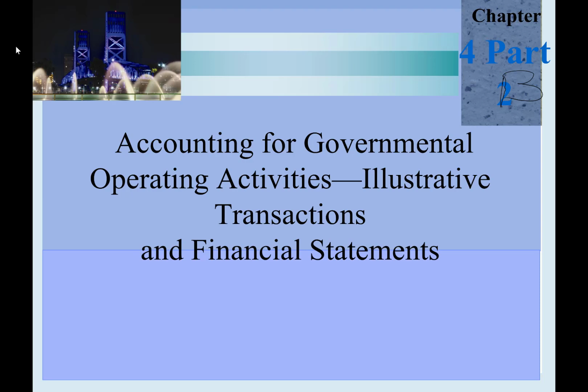In governmental accounting, the budgetary entries are standardized, and therefore something we have to learn is testable, obviously in this class, in the CPA exam, etc. So that's why we're going to focus on that in this chapter 4B.